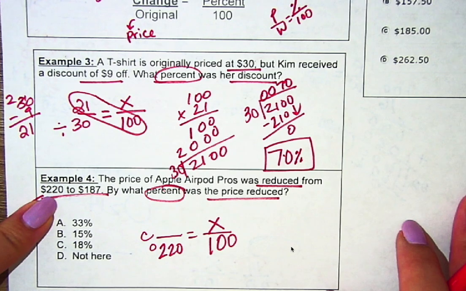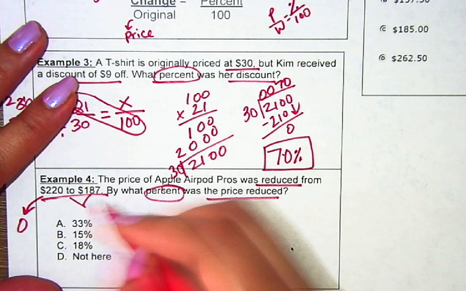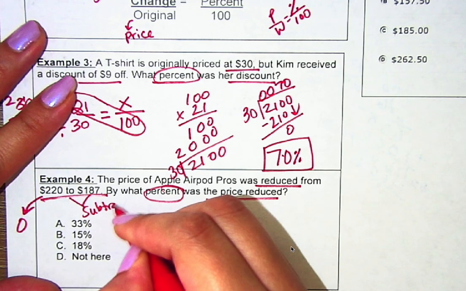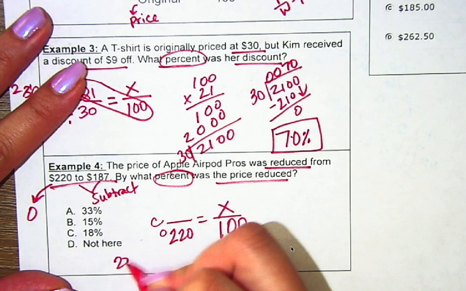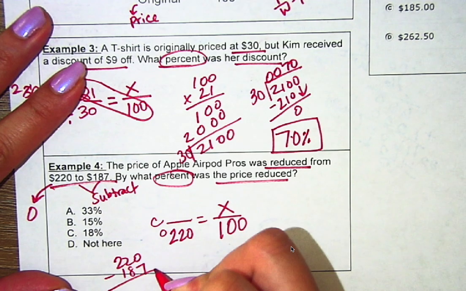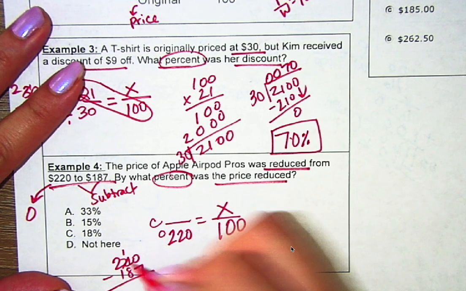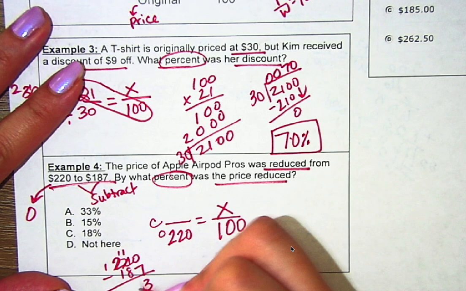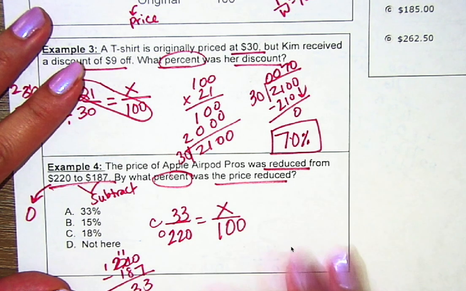You're just finding what happened from 220 to 187. So you're going to have to subtract these two numbers. So I'm going to do it on the side here. 220 minus 187. And that is going to give me, gotta borrow, 33.